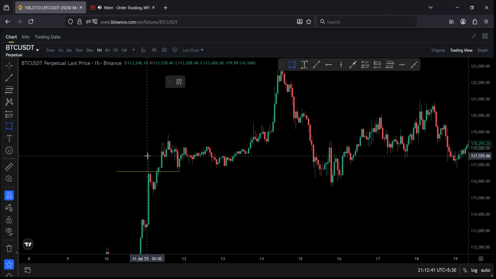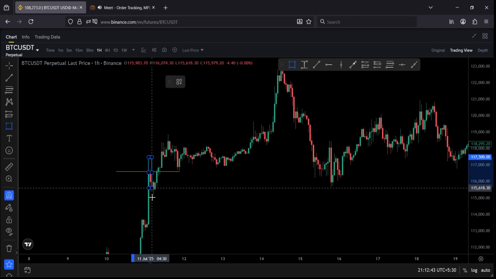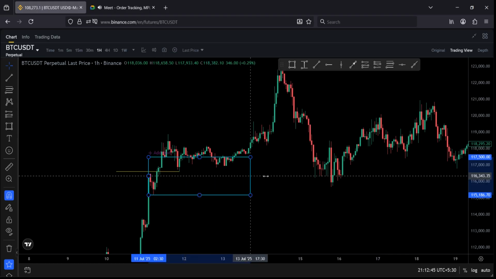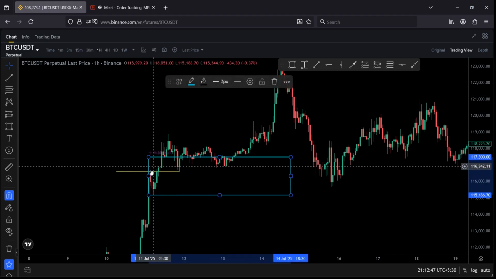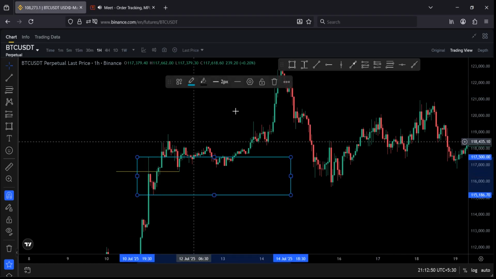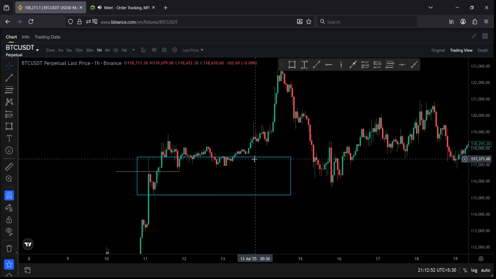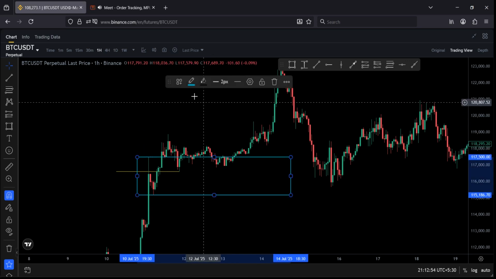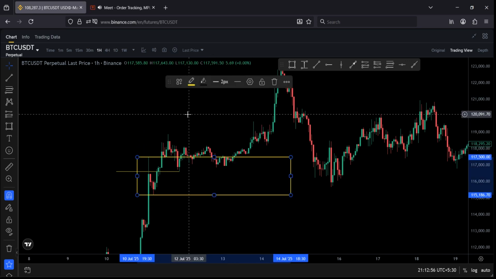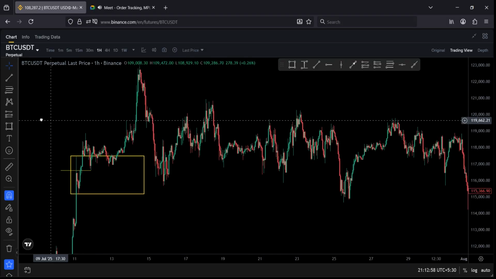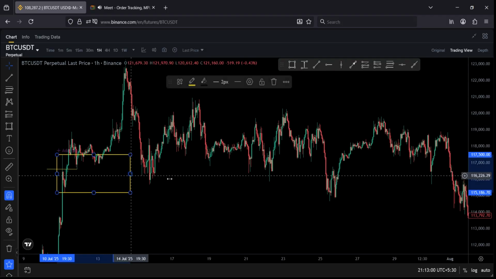What can we call this? We can call this FL. Let's change the color. Okay, and let's extend it.